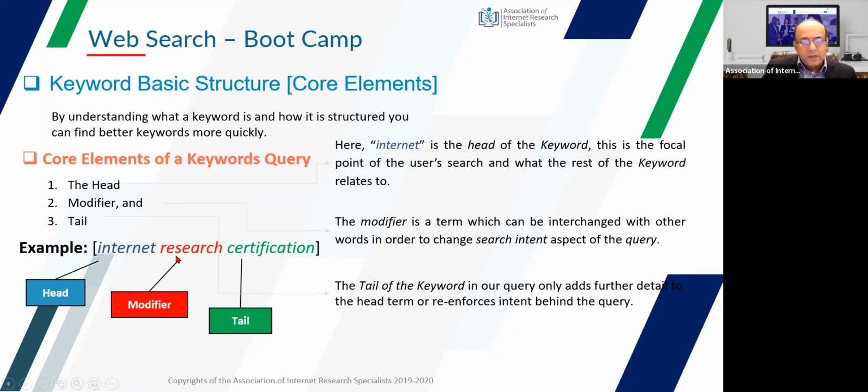The second word in the red color is research. This I have termed as modifier, which means that you cannot drop this word. You cannot use it in any other sequence. That means it has to be coming right after the word internet. So it has become a modifier.